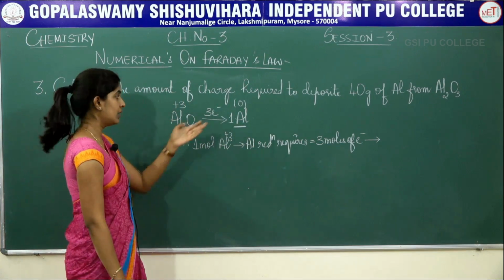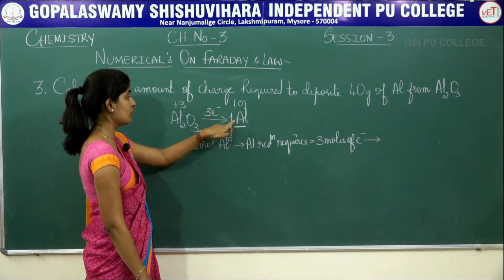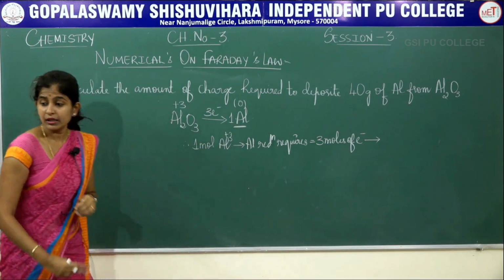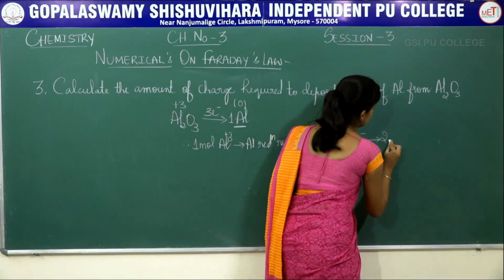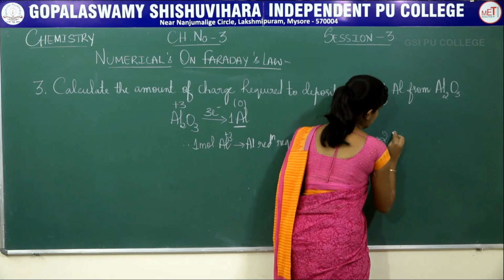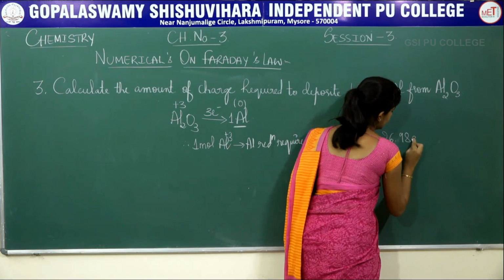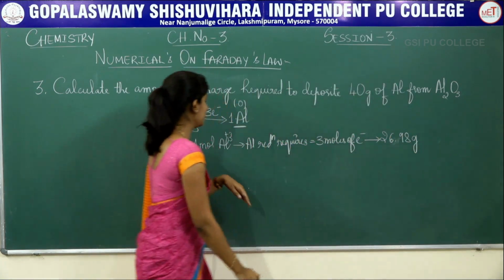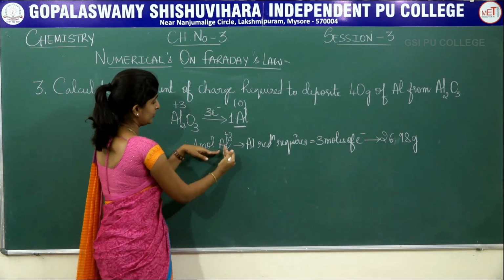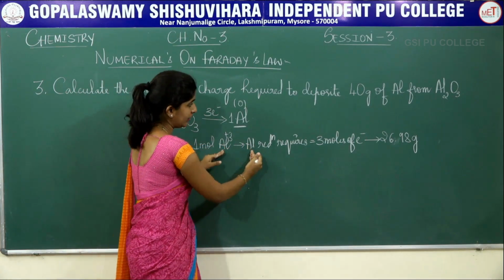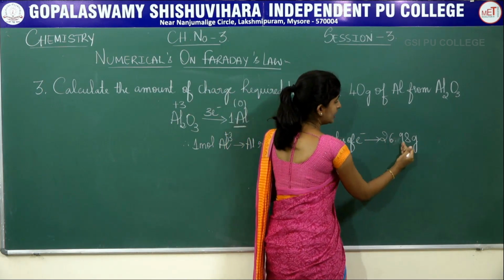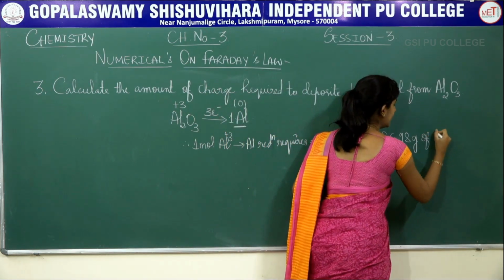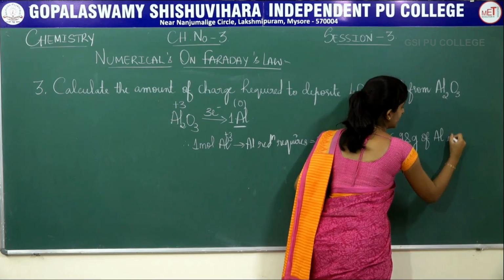So what is the molecular mass of aluminium? That is 1 mole of aluminium, its molecular mass would be 26.98 grams. So to reduce 1 mole of aluminium +3 to aluminium, it requires 3 moles of electrons, which produces 26.98 grams of aluminium deposited.